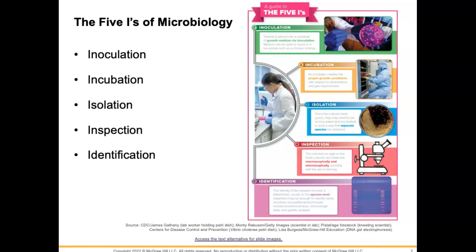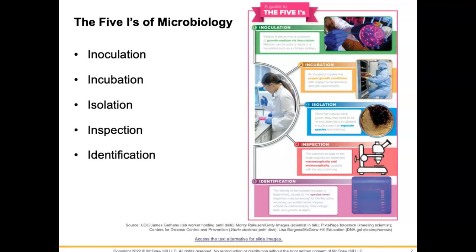Most of the time, it's going to be at about 37 degrees Celsius that we incubate in a little cabinet, because, at least in the medical field, we're trying to identify what might be causing an infection or a disease, and we want to incubate it at body temperature, and 37 degrees Celsius is body temperature.